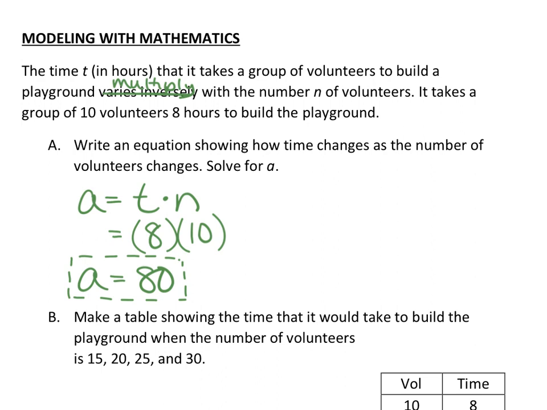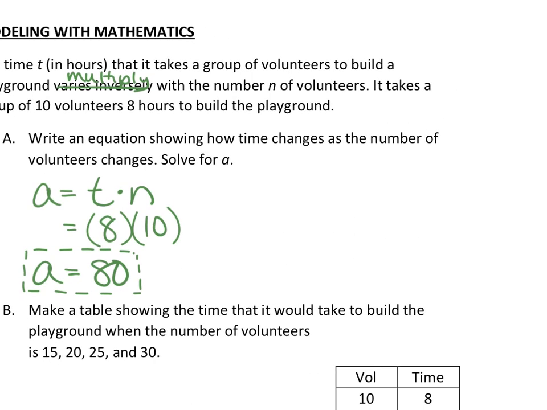So what we're going to do now is we're going to write the equation. Now, normally the equation was y equal to a divided by x. But are we using x's and y's here? No. We're using t's and n's.